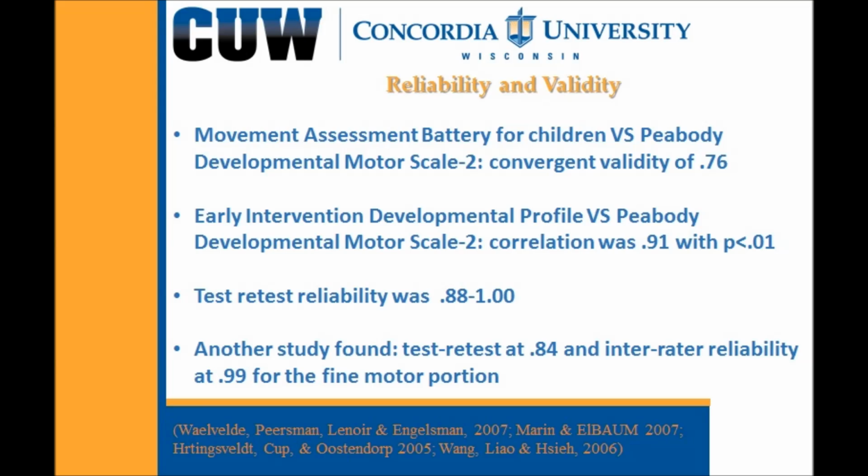The Early Intervention Developmental Profile was compared with the Peabody 2, and a correlation of 0.91 with low probability was found, which means that it was an excellent correlation. Retest reliability ranged from 0.88 to 1.0, and another test found that the retest reliability was at 0.84 and inter-rater reliability was 0.99 for the fine motor portion of the Peabody.